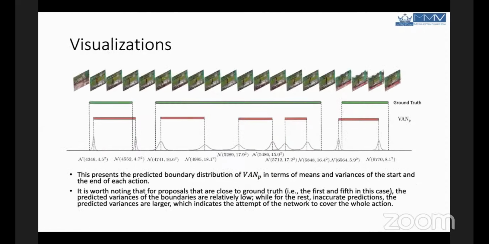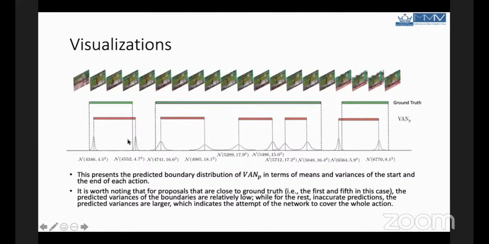This is the visualization of the uncertainty. The first row can be seen as a video sequence. The green bars are our ground truth, and the red bars are the predictions of our network, and the bell curves under the red bars are the Gaussian distributions that our network has predicted.